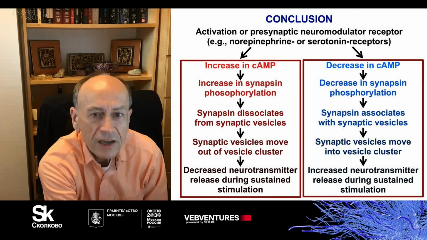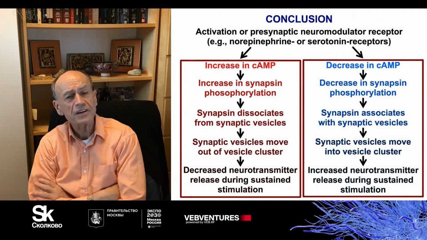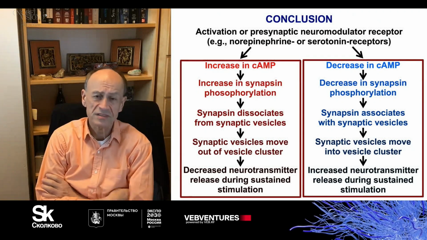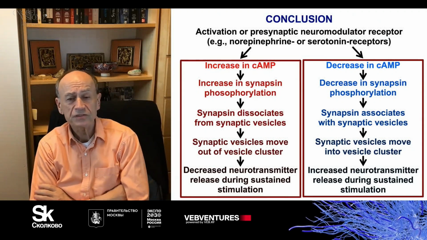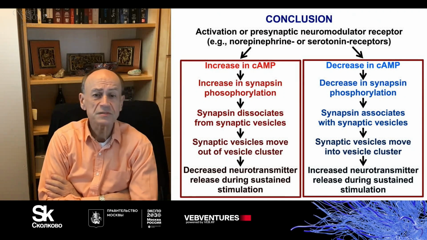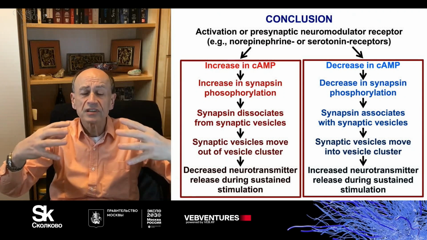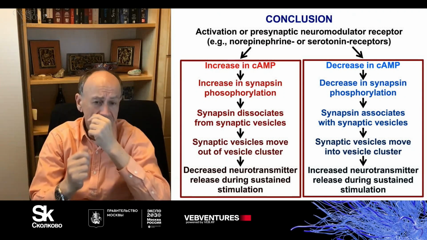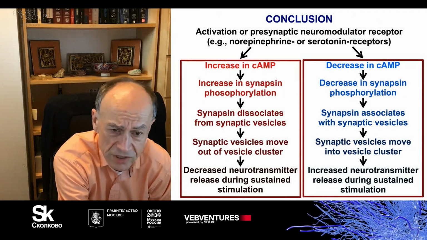On the other hand, if we decrease cyclic AMP, as observed, for example, with norepinephrine or with endocannabinoids, marijuana, we see a decrease in synapsin phosphorylation. The synapsin associates with synaptic vesicles, synaptic vesicles move into the vesicle cluster, there are more synaptic vesicles, and there's an increase in neurotransmitter release during sustained stimulation.